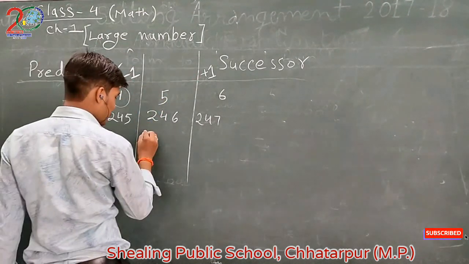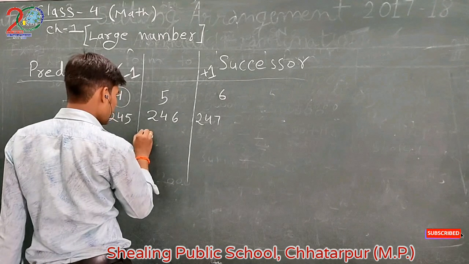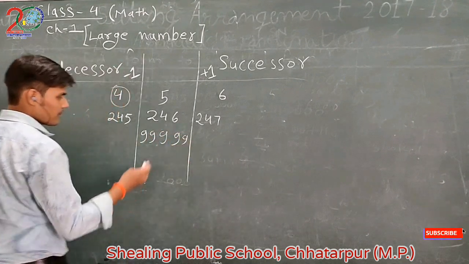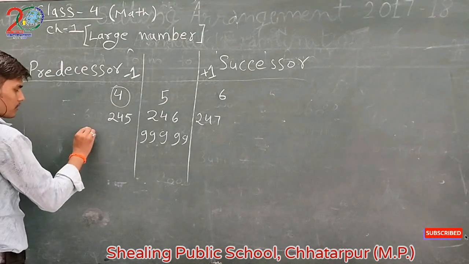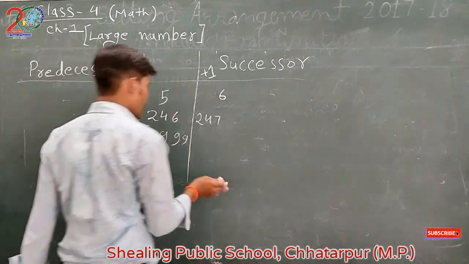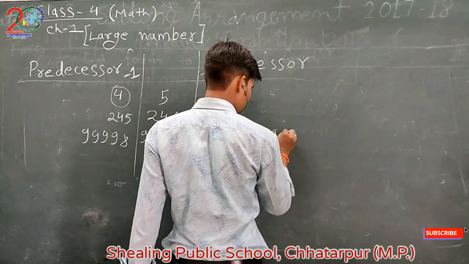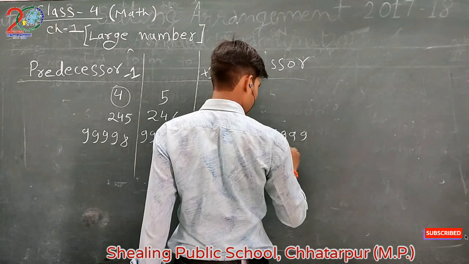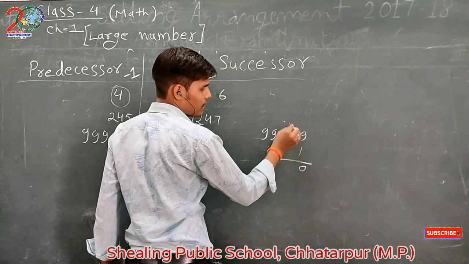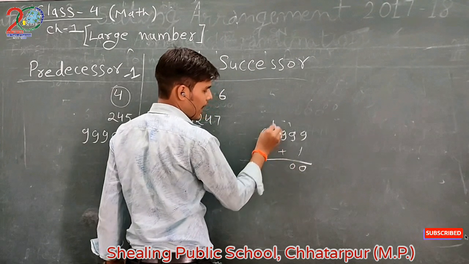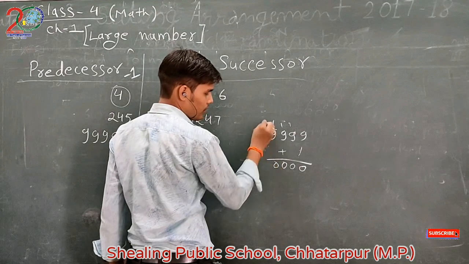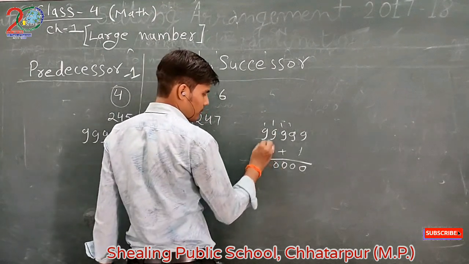One more big digit like this. Now subtract by 1. So this and add by 1. 9, 1, 10, 0, carry 1. 9, 1, 10 like this.